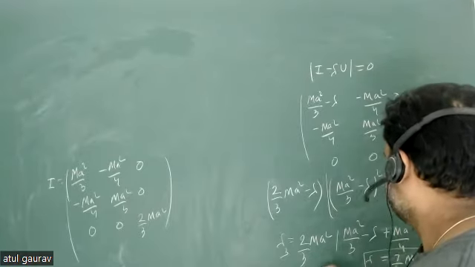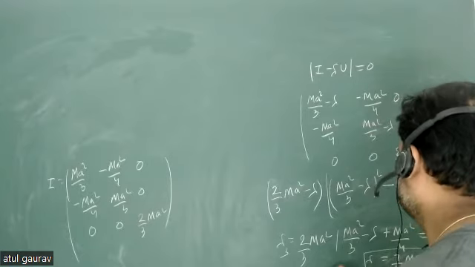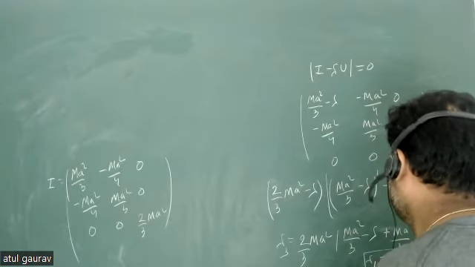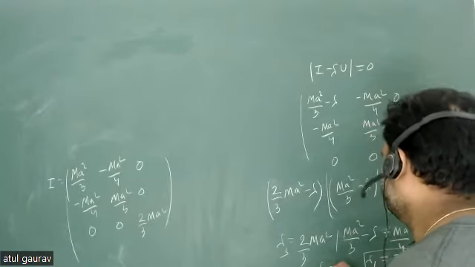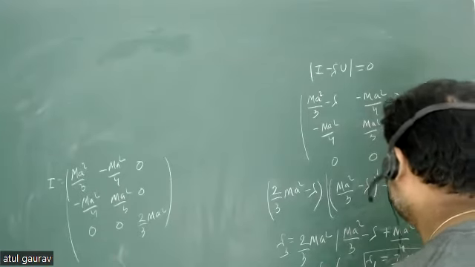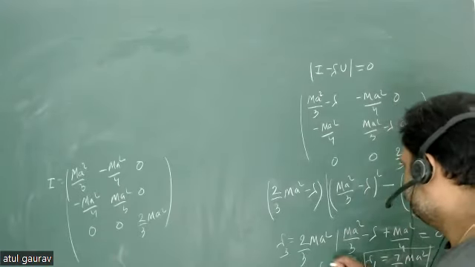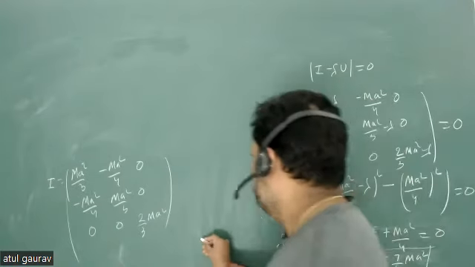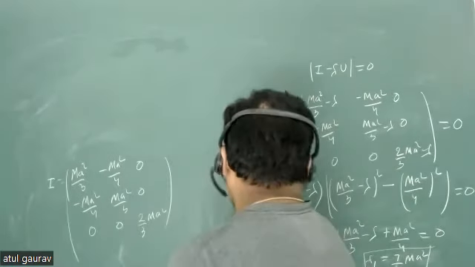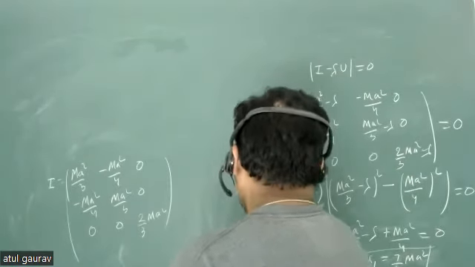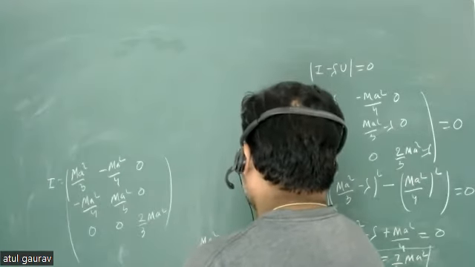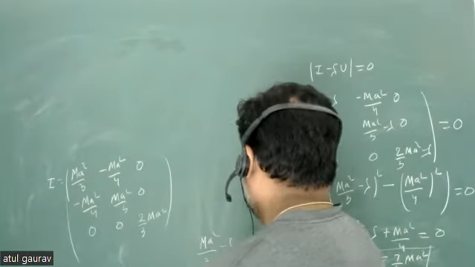And what is next? Let's say this is lambda 1. What is lambda 2? 1 by 12, isn't it? Yes, sir. Just calculate it. So that value is ma²/3 minus lambda minus ma²/4 must be equal to 0.